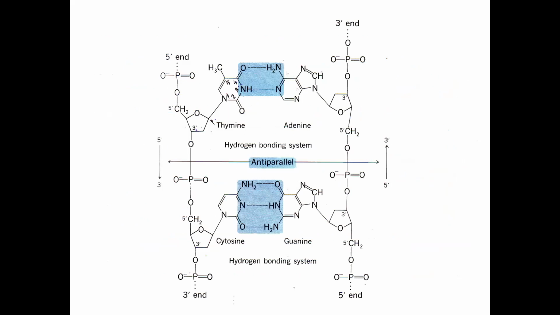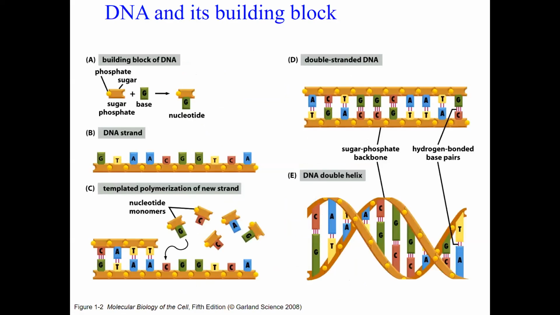So the chemical structure is like that. Here you can see thymine and adenine connected by hydrogen bonds. And these two strands are antiparallel, and hydrogen bonds are holding them in a double helical structure.